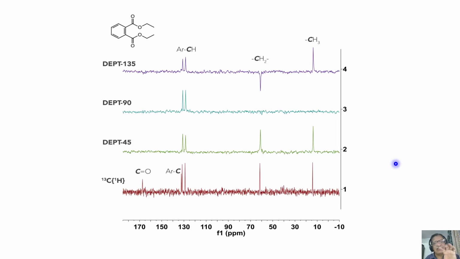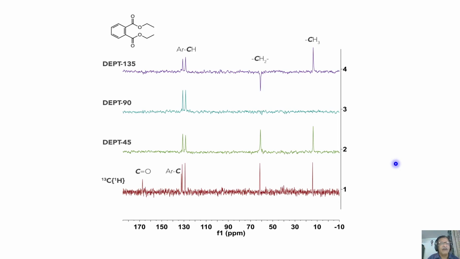If you understand, there is a last pulse in the proton channel, a detection pulse we call, with a flip angle phi. You can vary the flip angle phi. Normally, the experiments have been done as a function of various angles phi, measuring the intensity of the 3 different types of carbons. It is observed that when phi is equal to 45 degrees, all 3 types of carbons have positive intensity, as in the normal spectrum.